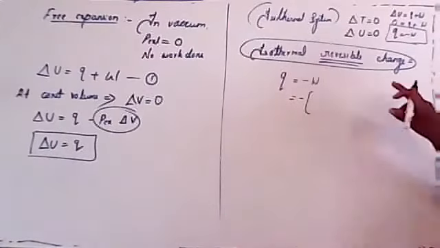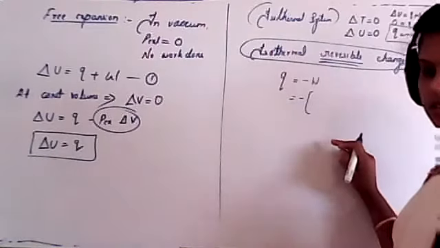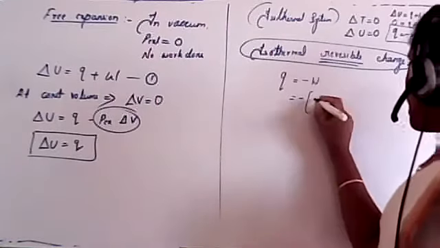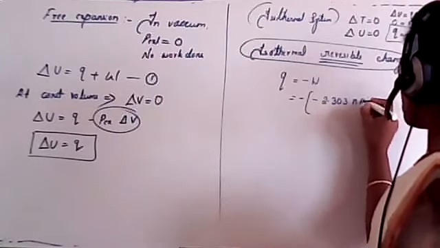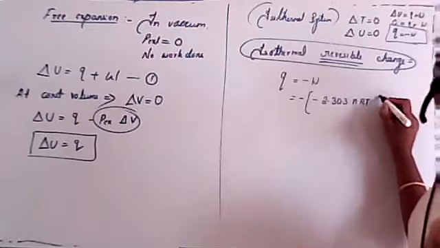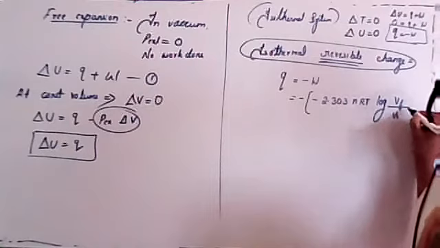Reversible. I have already written this expression here, isn't it? Minus 2.303 n RT log of Vf divided by Vi.